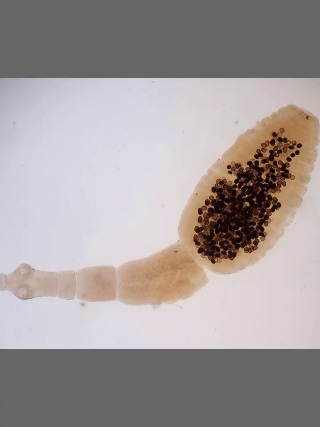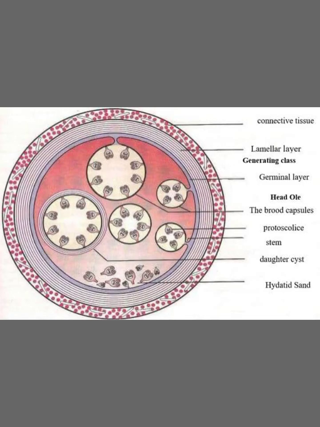Number 2 is larval stage. At the larval stage, Echinococcus measures up to 2 to 3 mm in length, and forms a fluid-filled cyst known as hydatid cyst. These cysts have a thick laminated and acellular outer layer called the ectocyst, which surrounds an inner germinal layer.